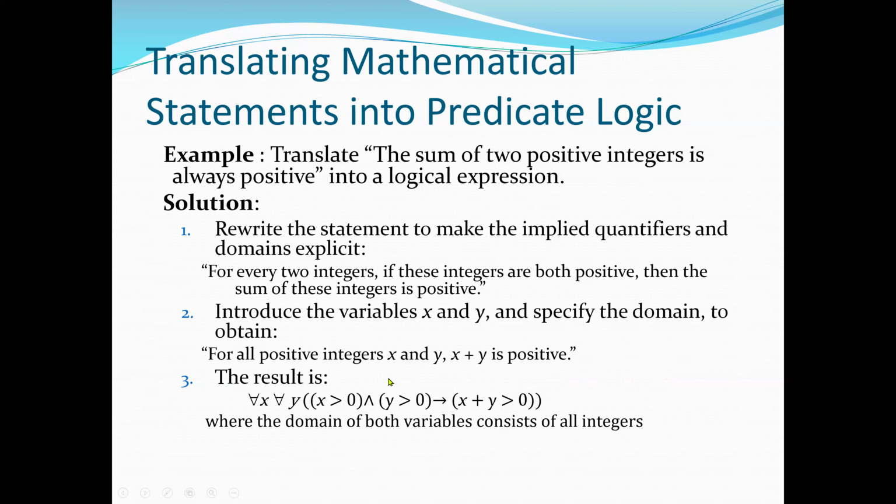So the result will be for all x and all y, if x is greater than 0, which means it's a positive value, and y is greater than 0, again, both values have to be positive. So that's why we are using AND, which means the two conditions. Then this tells me that if I add x plus y, my answer will always be positive. Because if I add two positive values, my answer will be positive.